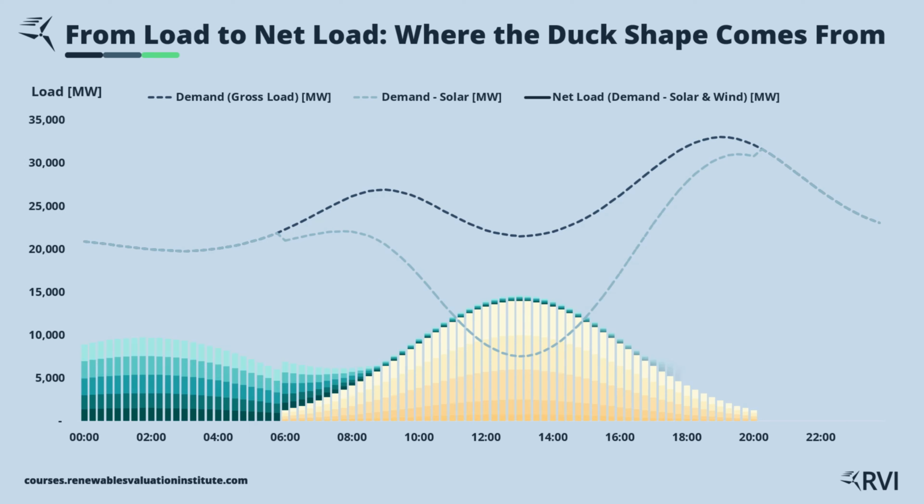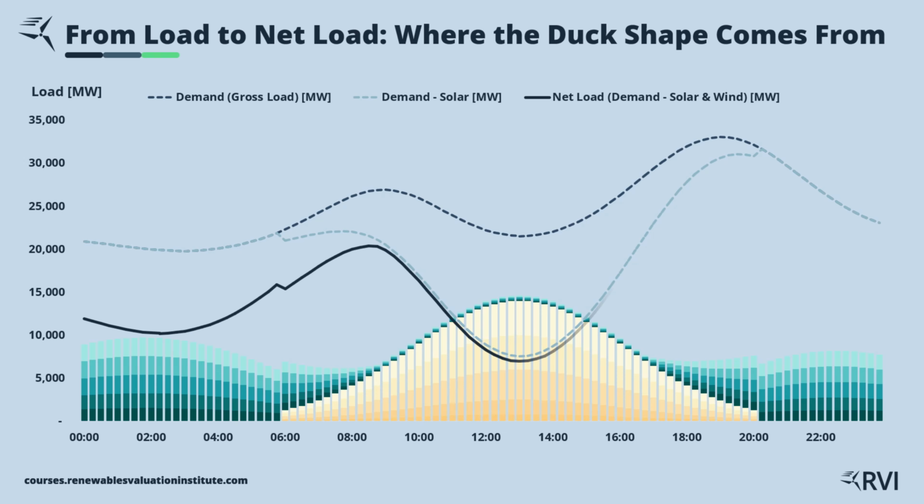Next, we layer in wind. Wind is more variable, but it often contributes during shoulder hours and sometimes at night. If we subtract solar and wind from total demand, what's left is net load. This is the load that must still be served by dispatchable generators, like gas, coal, hydro, or storage.